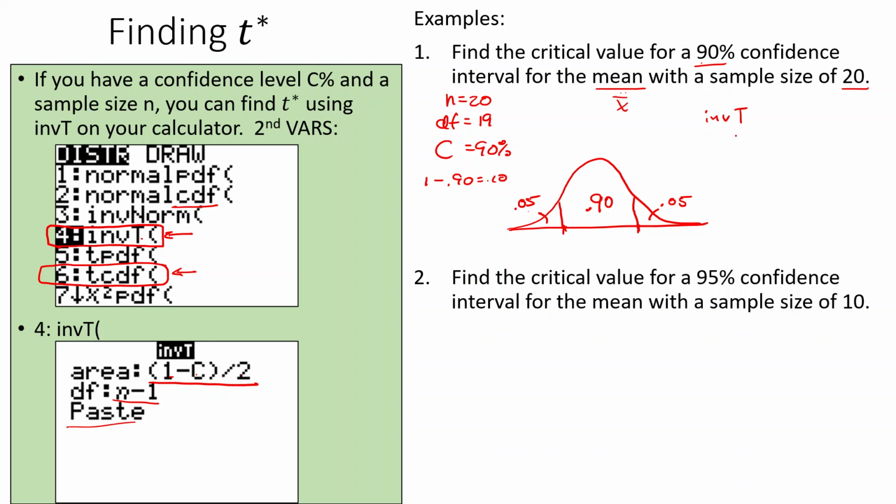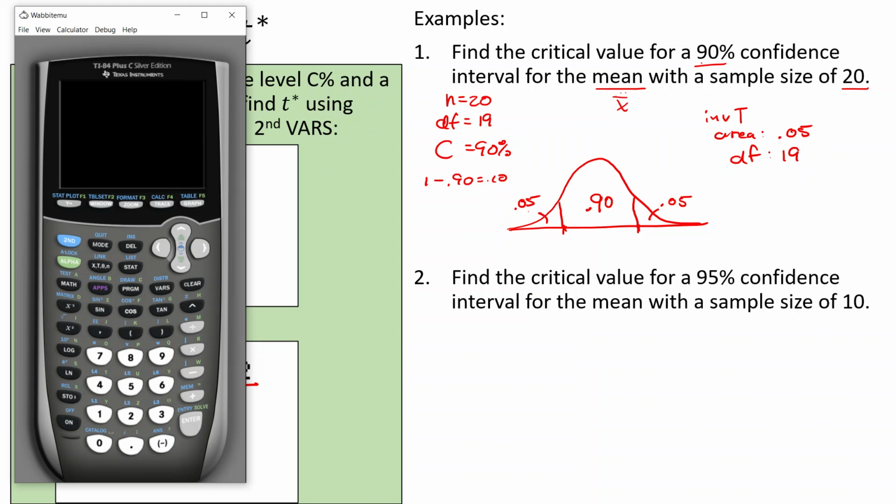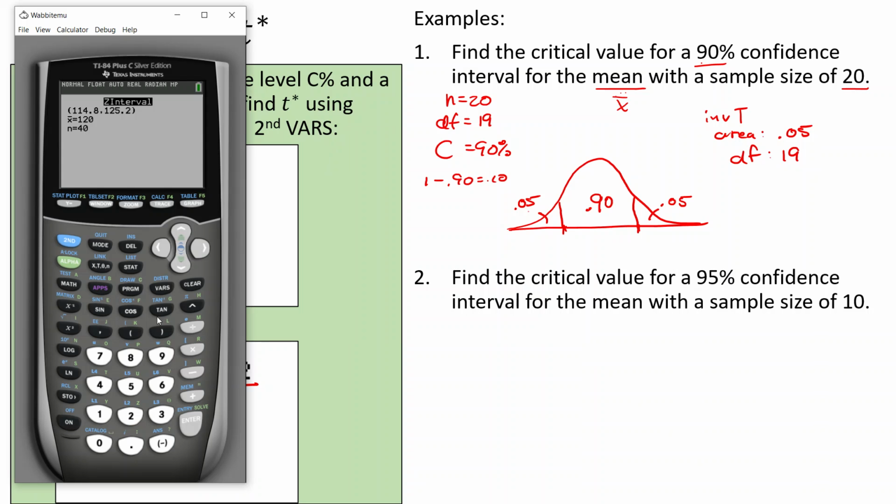So now we're doing inverse t. The area is 0.05, and the degrees of freedom is 19. We just go to our calculator and type that in. Second distribution menu, inverse t, because we're working with t distributions now. The area is 0.05.